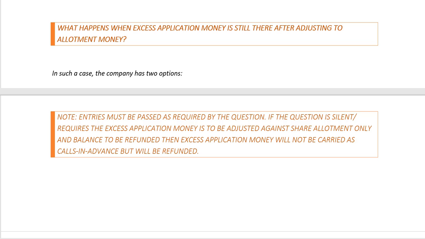Now, if the question is silent, or if the question says that excess application money is to be adjusted against share allotment only and balance is to be refunded, then excess application money will not be carried as calls in advance, but it will be refunded. So these are the rules when excess application money is still there after adjusting to allotment money.